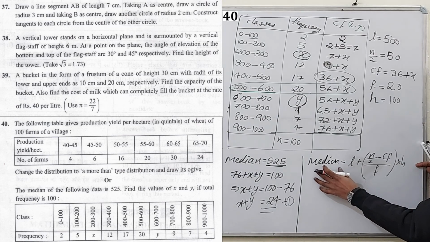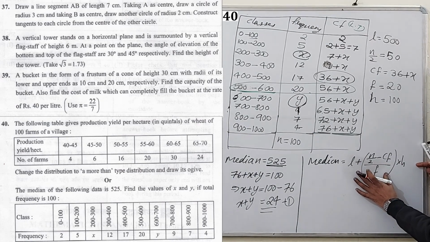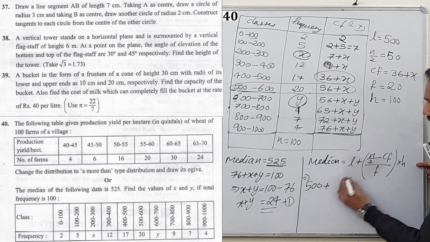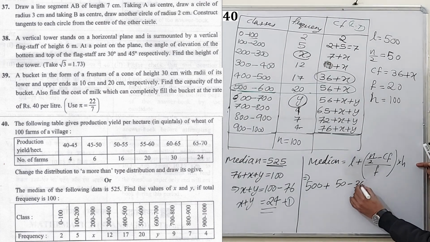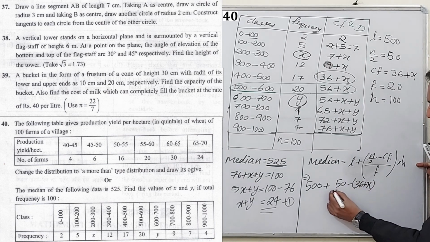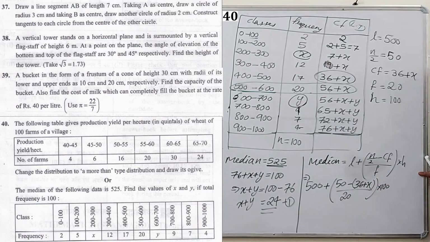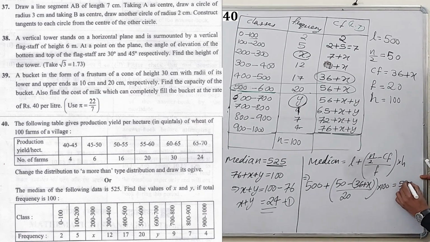We will get what is the median given, 525. So first substitute these values in the LHS part. That is L is equal to 500 plus n by 2 is 50 minus CF is 36 plus x, bracket is compulsory, divided by F is equal to 20 into H is equal to 100, which is equal to 525.